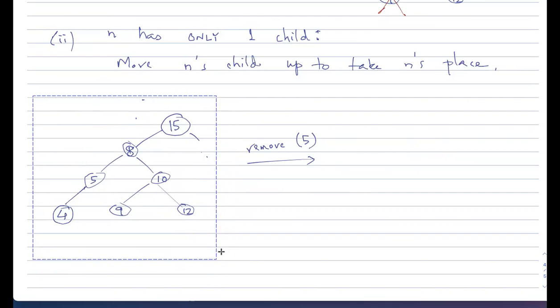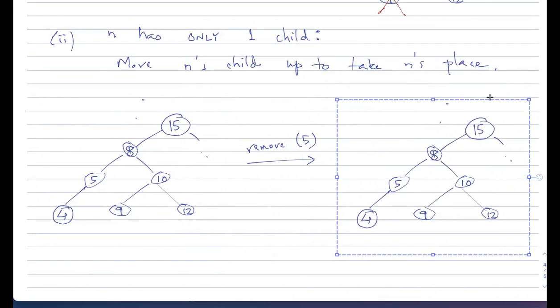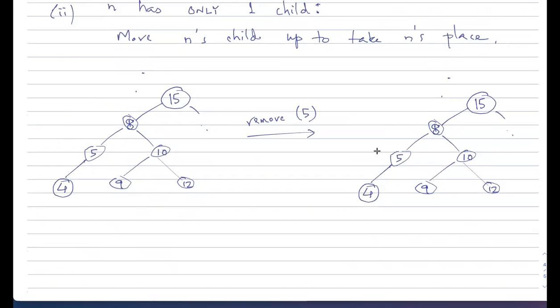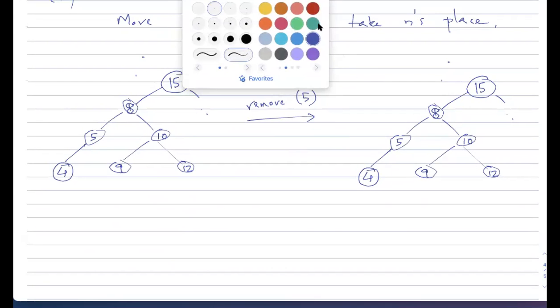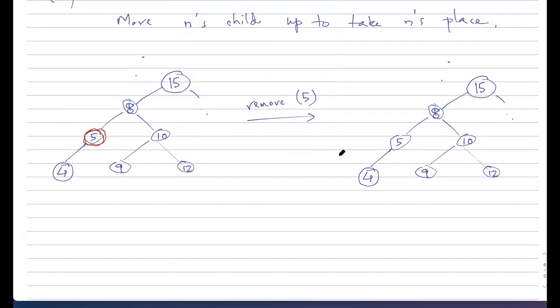If you have to remove 5, we are deleting 5, so we just make 4 take the place of 5.